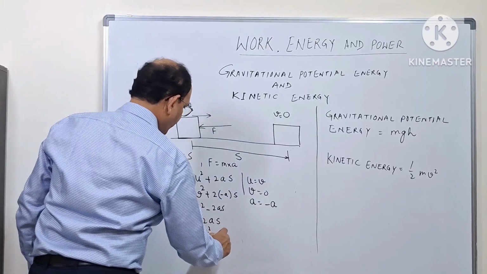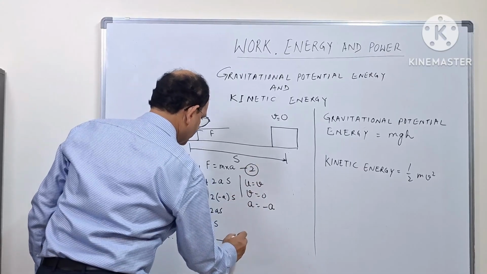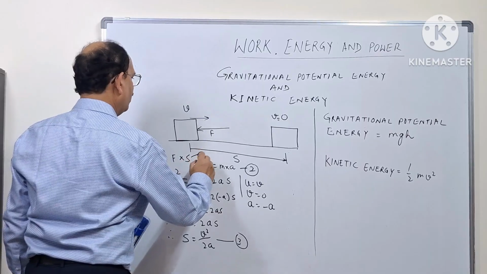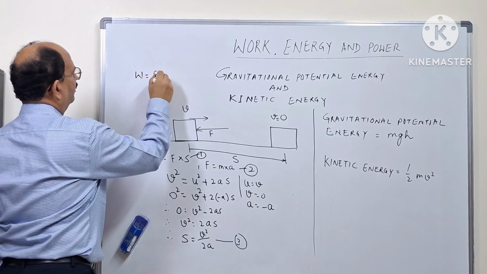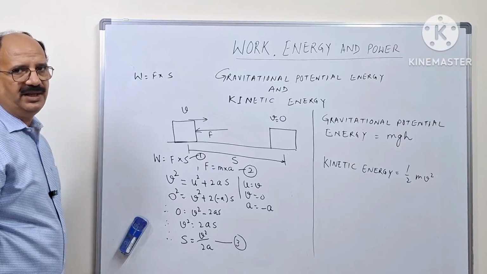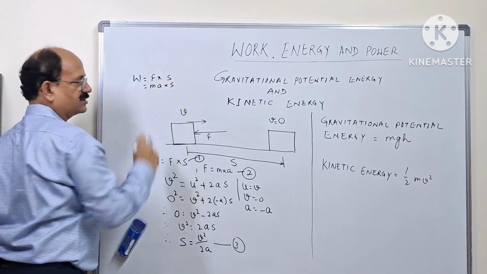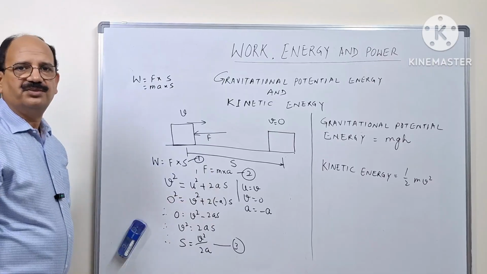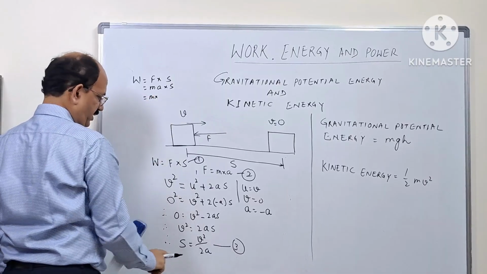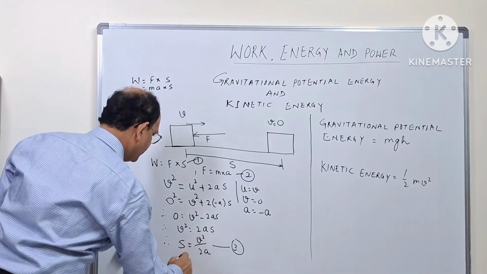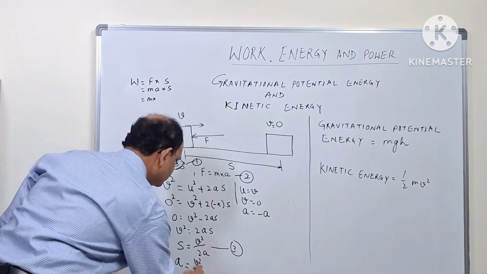Now if I mark this as equation 2, this is equation 3, and this is equation 1, then W, that is work done, will be equal to force, retarding force, multiplied by s, which will lead to m times a into s from equation 2, because F equals ma, and this will lead to m into the acceleration a, which will be equal to v square upon 2s.